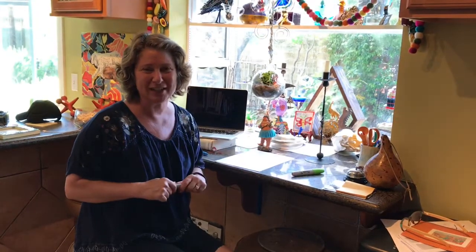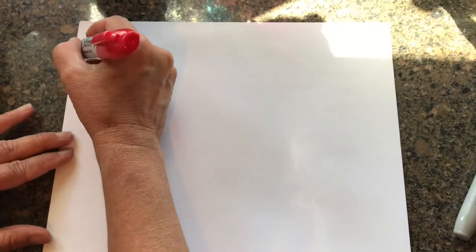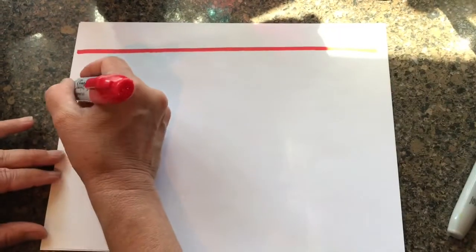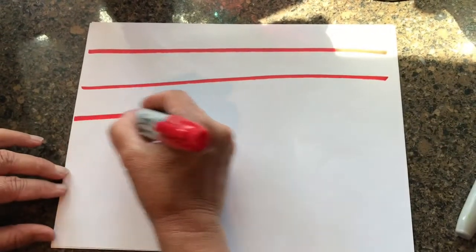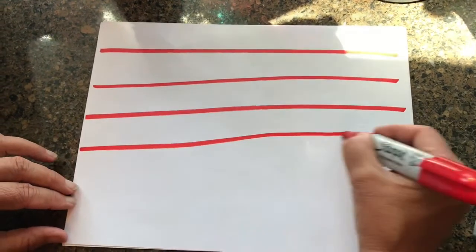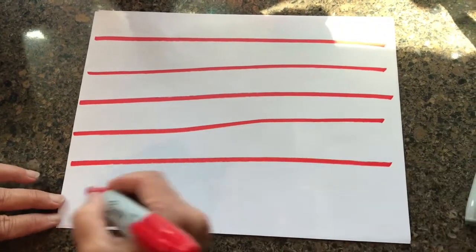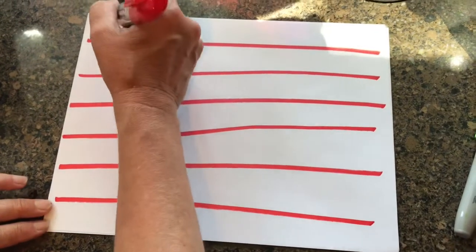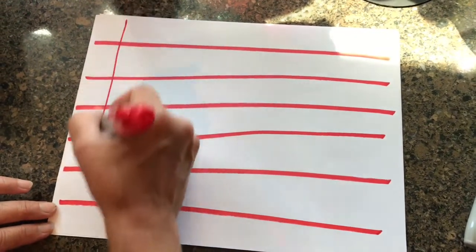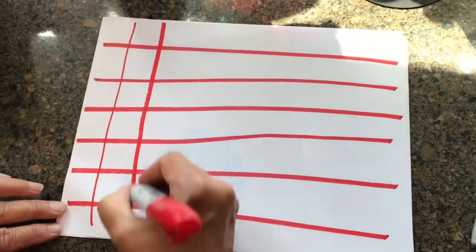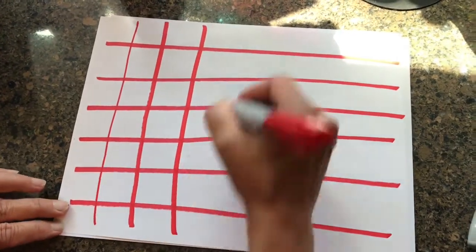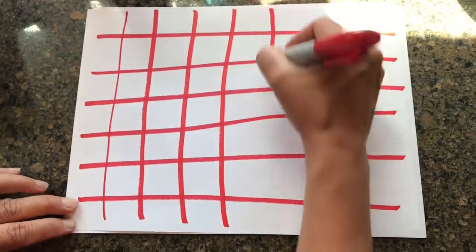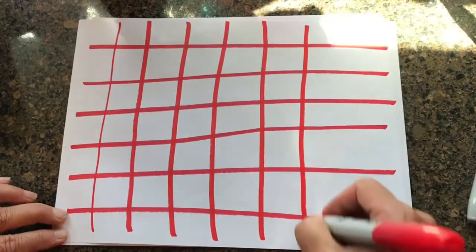Okay, so now let's take all kinds of lines and let's draw an insect. Okay, let's start out with a warm-up. We're going to do horizontal lines across the paper. Starting at the top, we're going to make vertical lines down. Trying to make them straight.